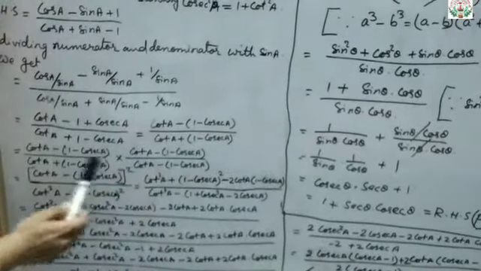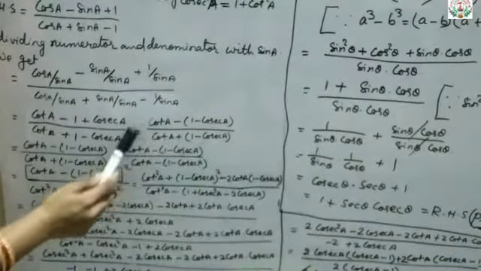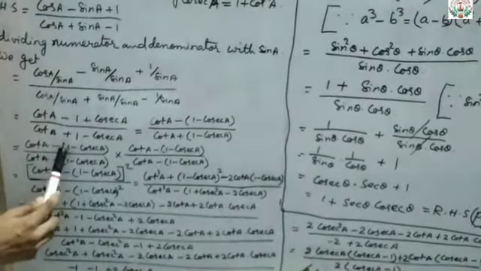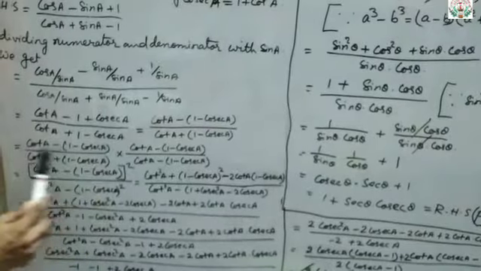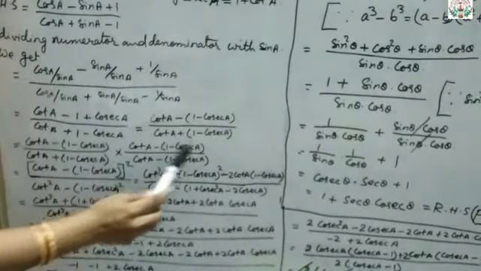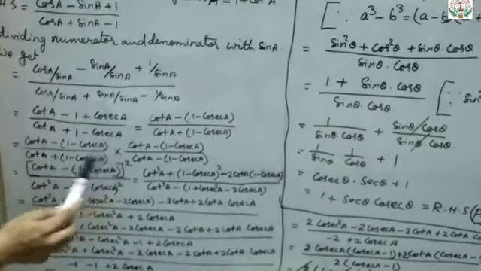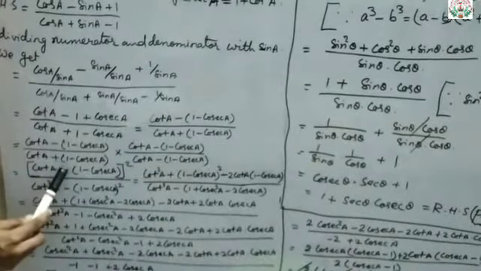Remember? So that is equals to cot A minus, first this part we will write, that is cot A minus within bracket 1 minus cosec A upon cot A plus 1 minus cosec A. So this whole part we wrote as it is. After that what we are multiplying? The opposite sign of this denominator.